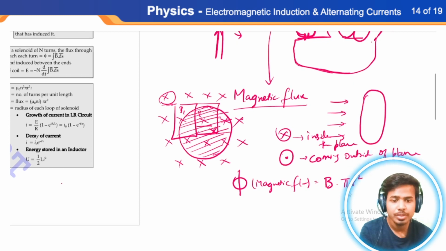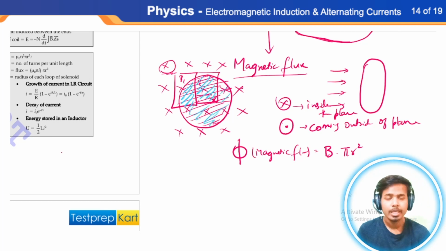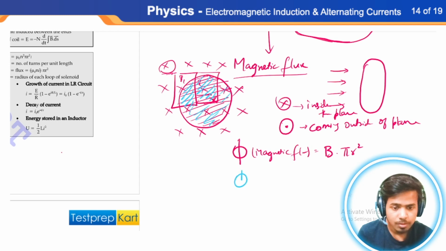In that case, what you will do is find the magnetic flux in this portion and add up with this portion magnetic flux, and in that way, if you have a variable magnetic field, then the magnetic flux would be added one after the other, even if it is changing with area or changing with distance. What you will do is phi is equal to integral of B dA, right?